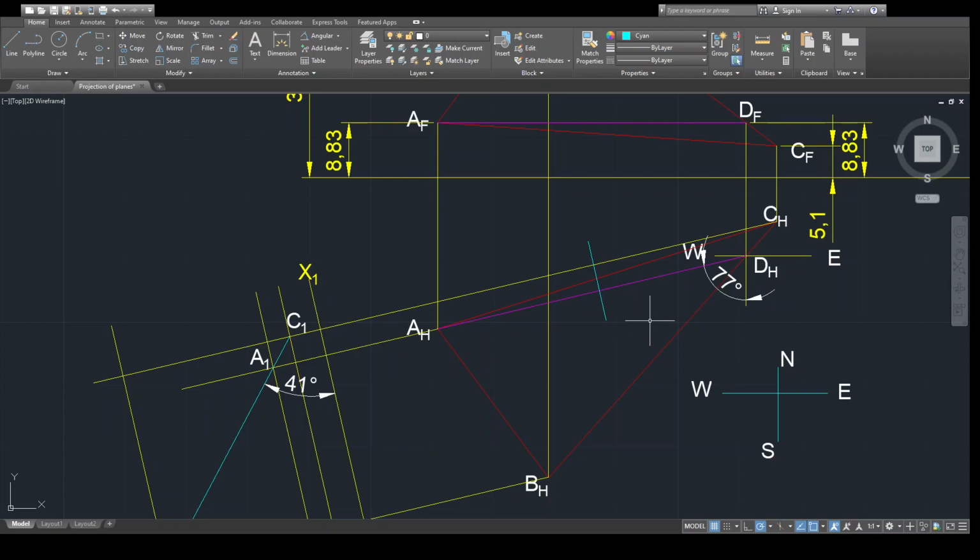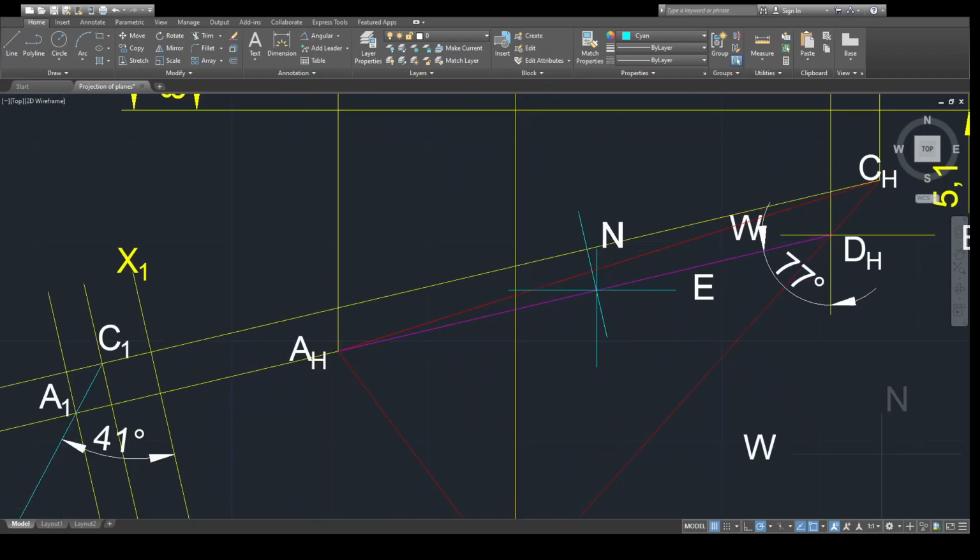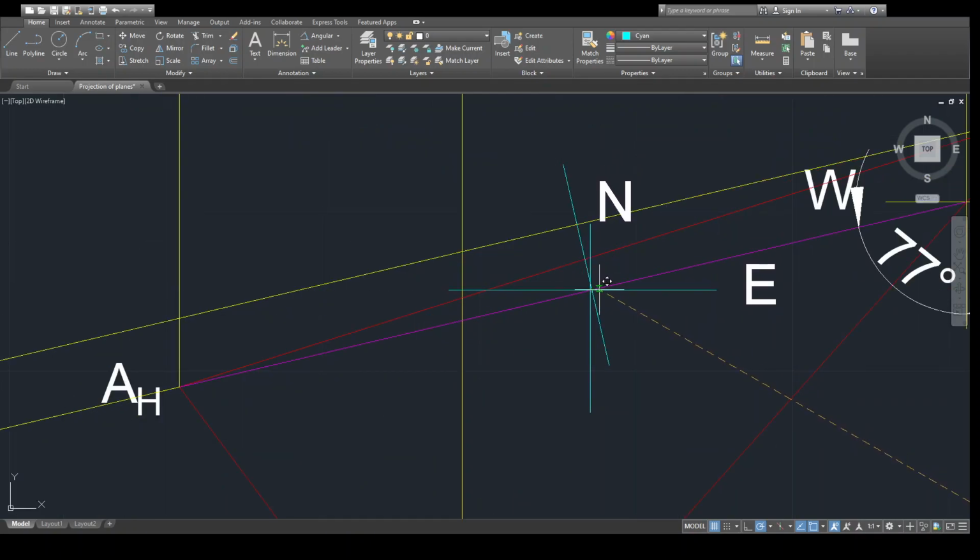Now in order to determine its direction, I will select this group, and exactly over here I will place it.